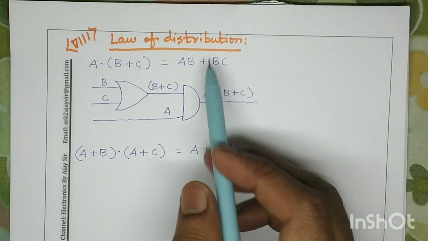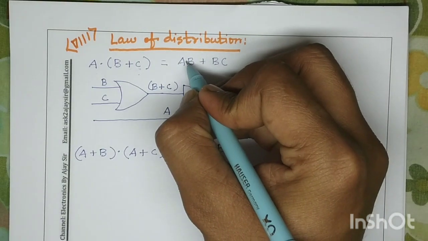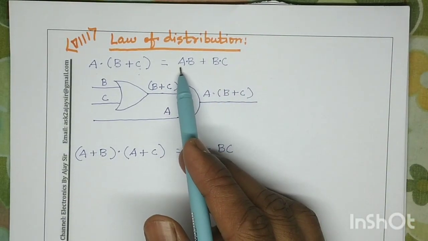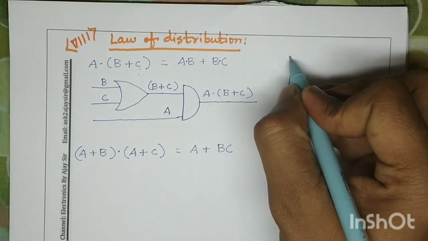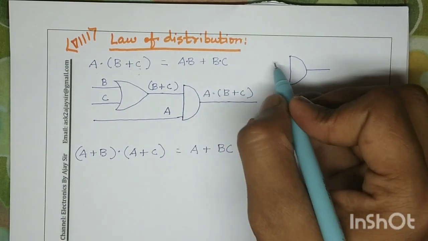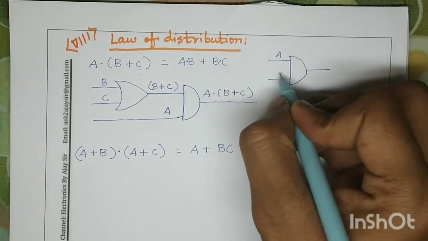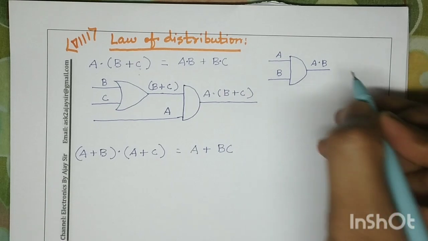Next we will implement this function ab plus bc, that is a dot b plus b dot c. First we will generate a dot b. For this I need an AND gate. There are two inputs, a and b, so I will use a 2-input AND gate, and it gives you the signal a dot b at the output.